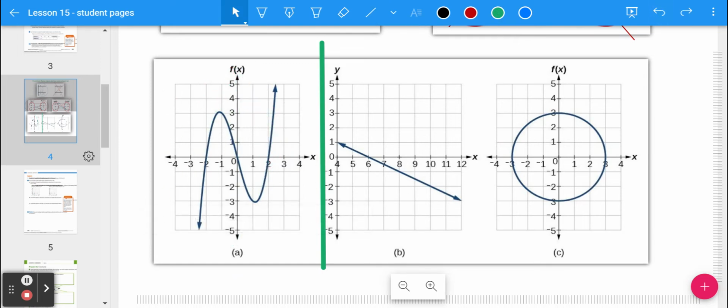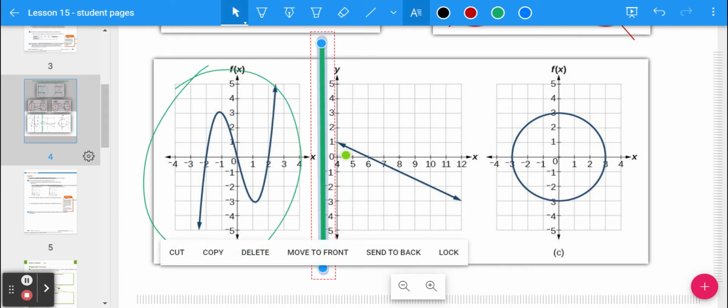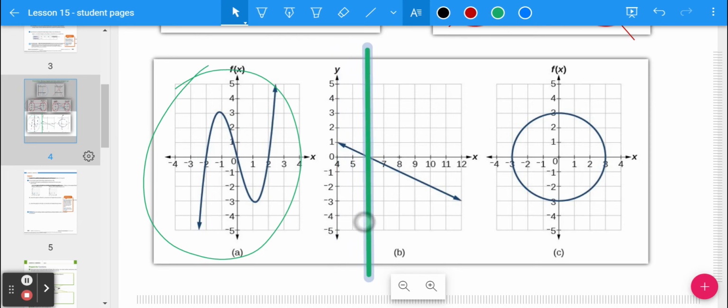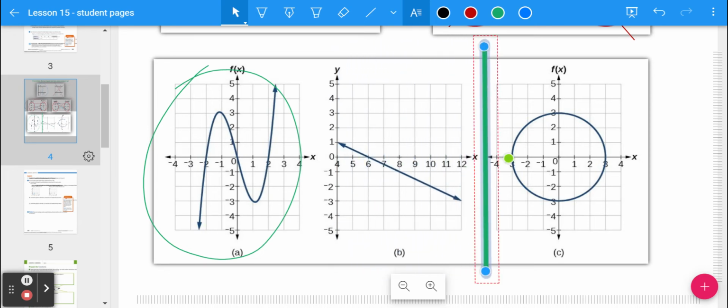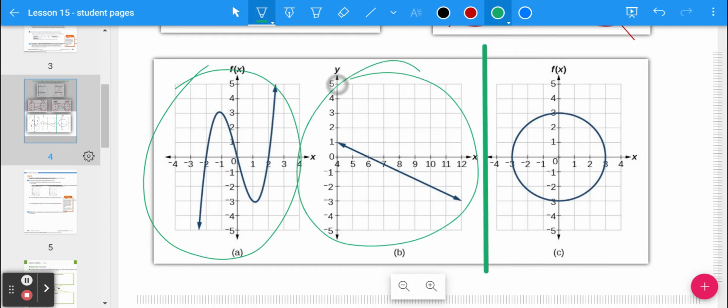Whoa, that's not at all what I meant to do. Anyway, this is a function. If I take my vertical line and I go across this one right here, it only ever passes 1 point on that blue line at a time. It passes the vertical line test. This is a function.